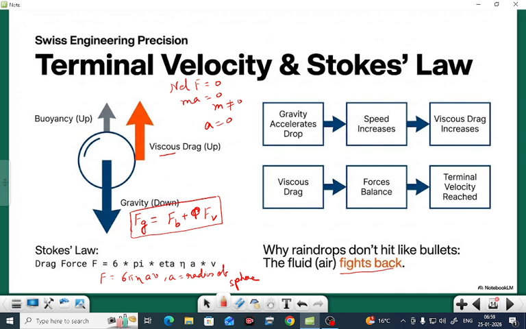Whenever acceleration is 0, the sphere has a fixed, constant velocity. So the drop goes through the liquid with a constant velocity, and that constant velocity is known as terminal velocity. In this way, you can find the terminal velocity using Stokes' law.